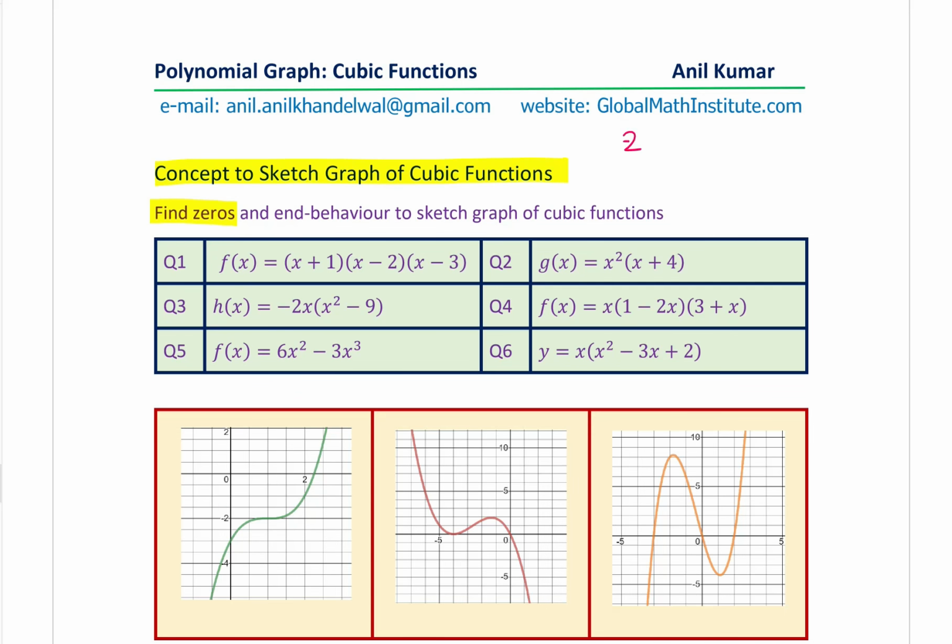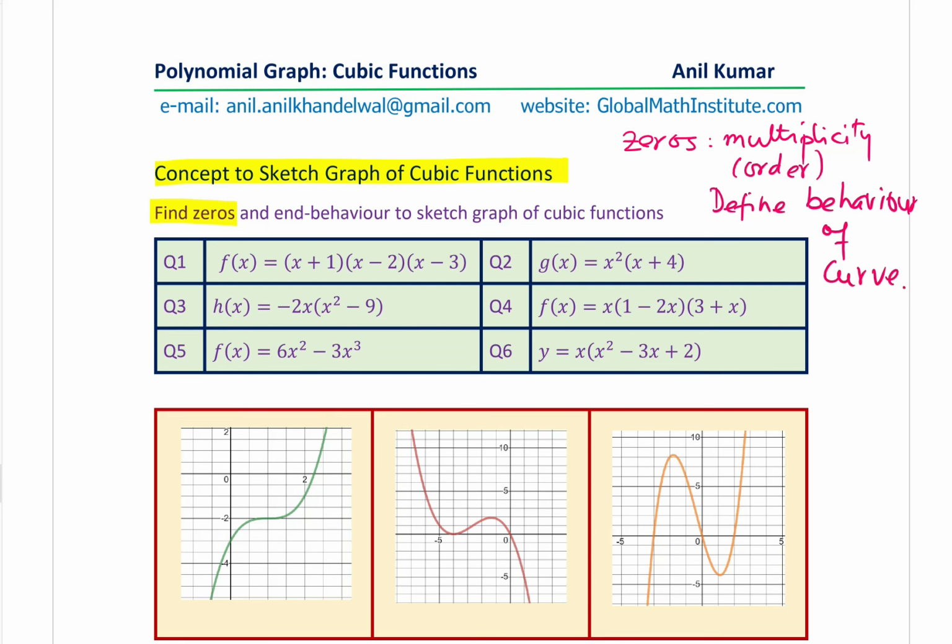Zeros means we have to include multiplicity or order. So they define the behavior of the curve. So they are not simple x-intercepts.